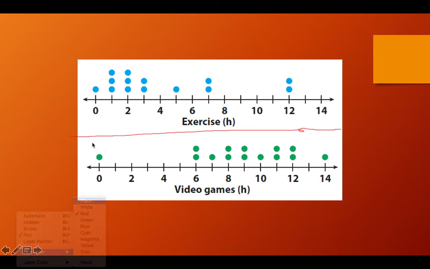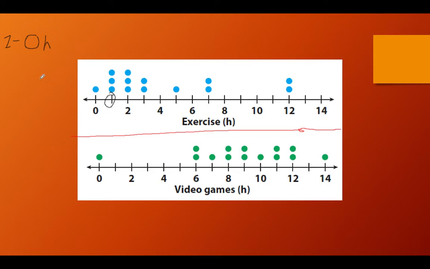We had one person say that they exercise 0 times, and that's not the best. There's one person that said 0, so they don't exercise any hours. We had 3 people, and in between 0 and 2 would be 1. We had 3 people that exercise 1 hour. You had 3 people who exercise 2 hours.